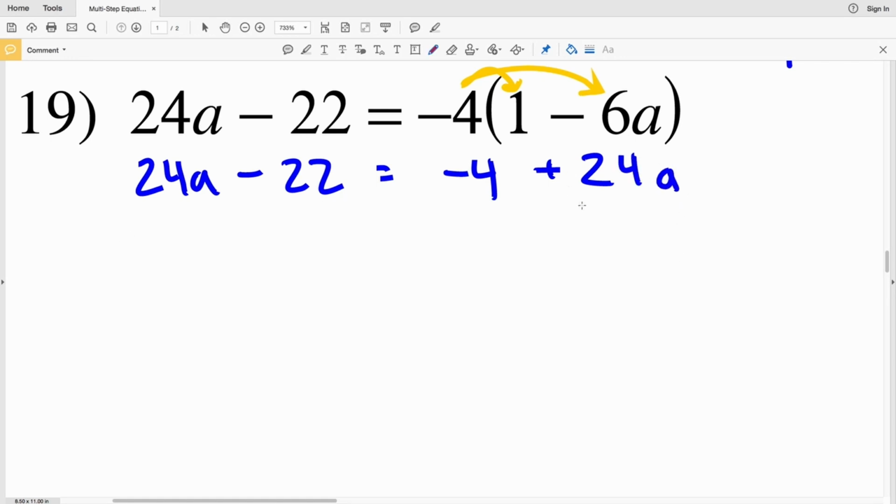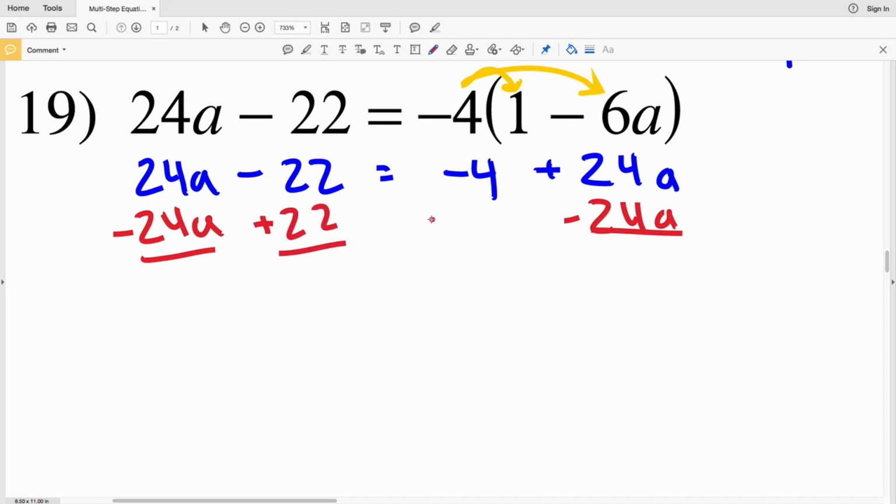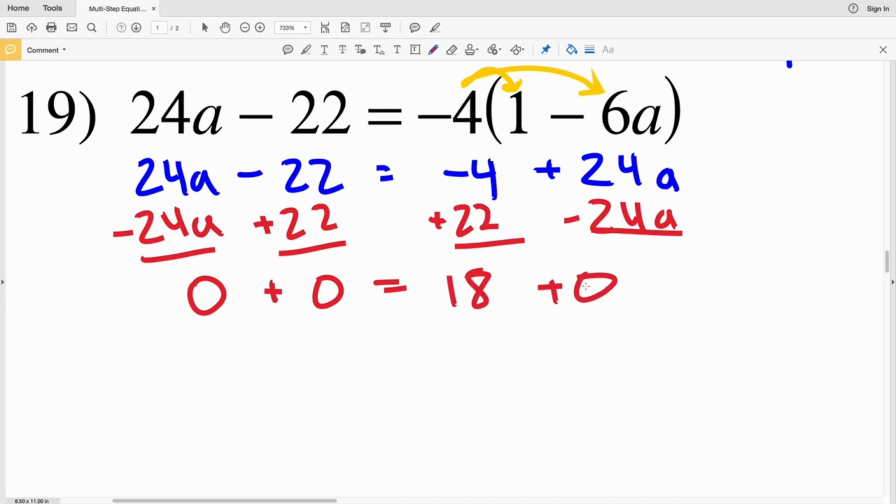And you can see if we take away a 24a from both sides, and let's go ahead and add 22 to both sides, we're going to get 0 plus 0 equals negative 4 plus 22, which is a positive 18, plus 0.